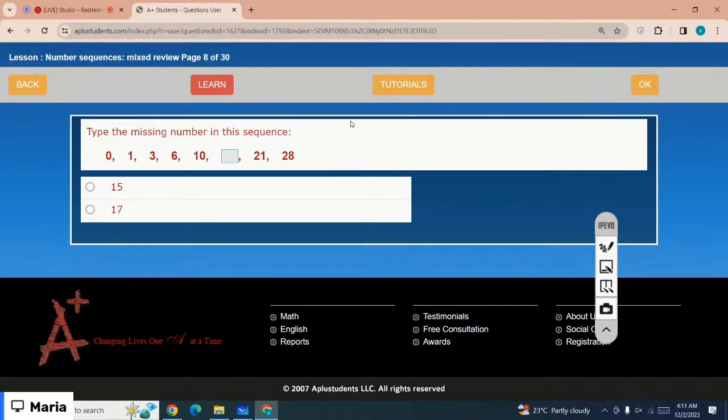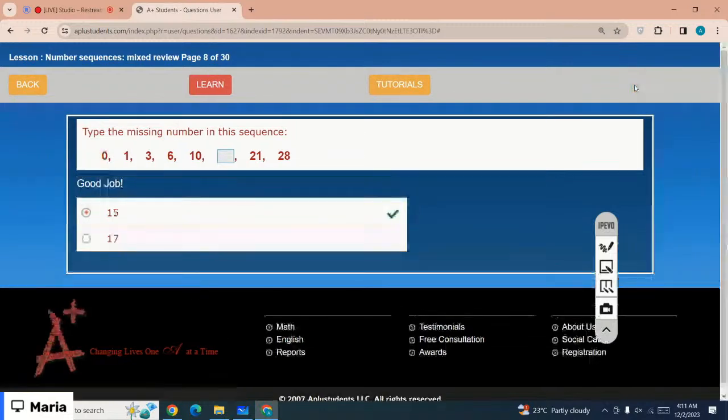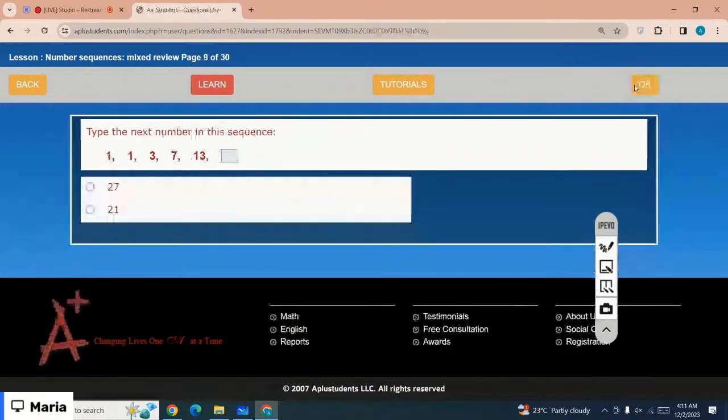Yes, that is 15. The missing number is 15. Type the next number in the sequence. So which number is missing?